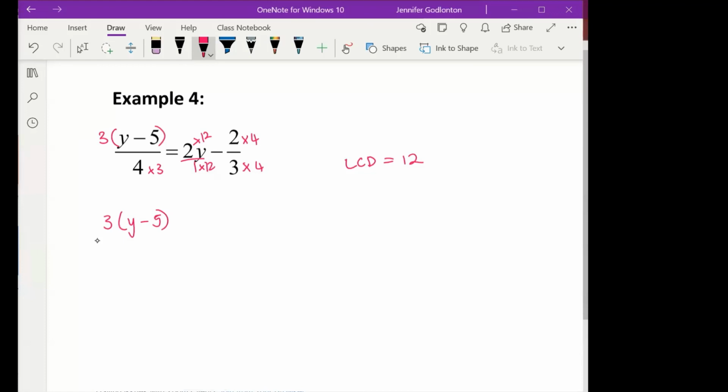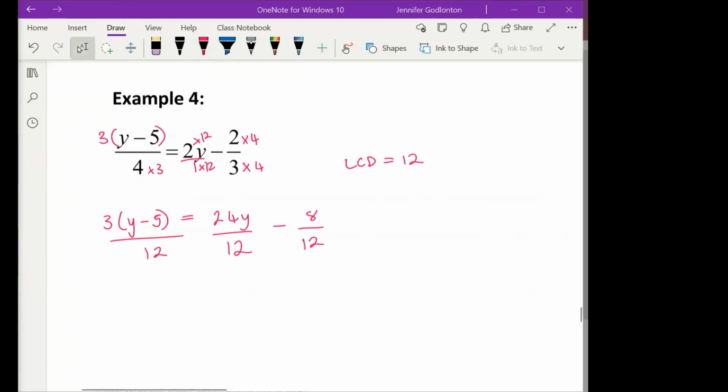Good. Close brackets over 12. Okay. And 24y over 12 and 8 over 12. Good. Okay, and now that I have a common denominator, I can cancel out the denominators and get rid of them. Yay. All done.